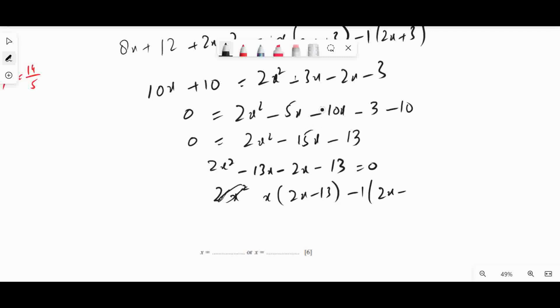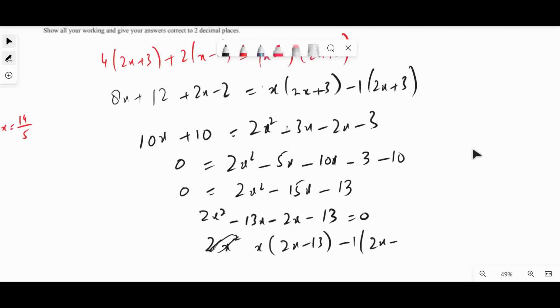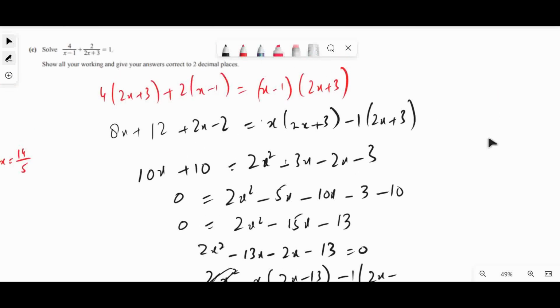Okay, now there is a sign change over here. So we cannot use these two. So let's check our working from this point. Okay, here it was minus 1 into 2x plus 3.